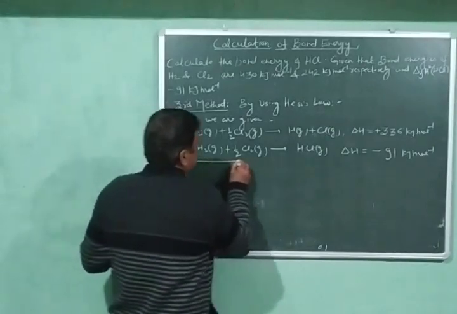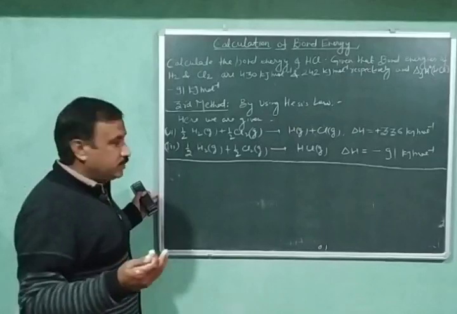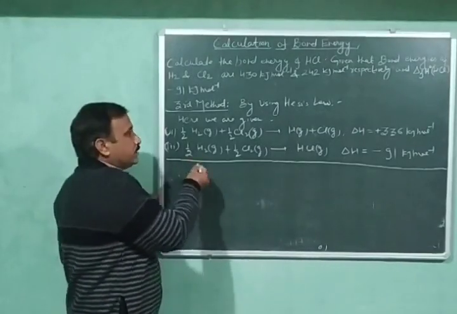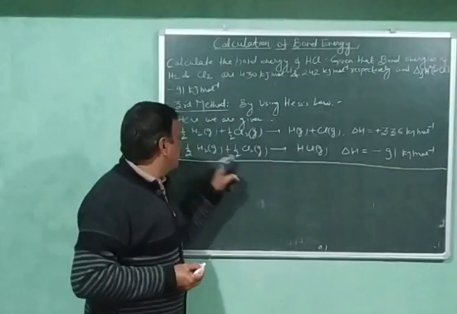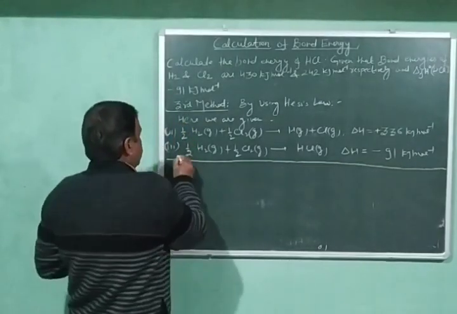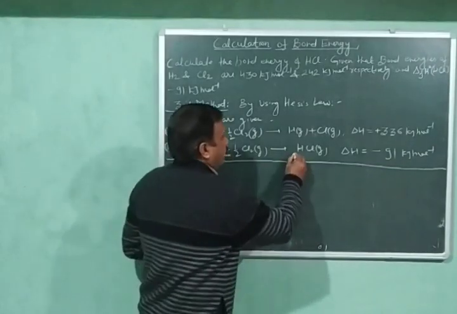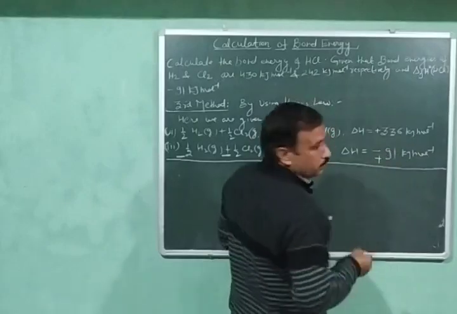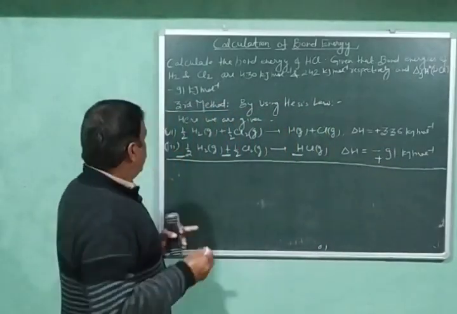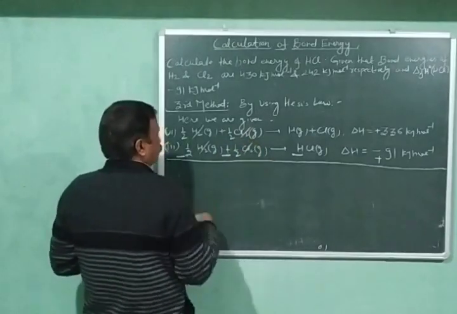Okay, and I have told you that for the subtraction we have to change the signs of the reactants, products, and the delta H of this equation number 3. So here minus, it will become minus here, and the sign of delta H will become plus. Okay, and here H2 and Cl2 cancel each other. So what are we left with?